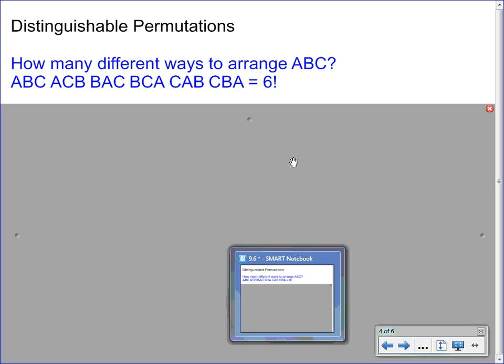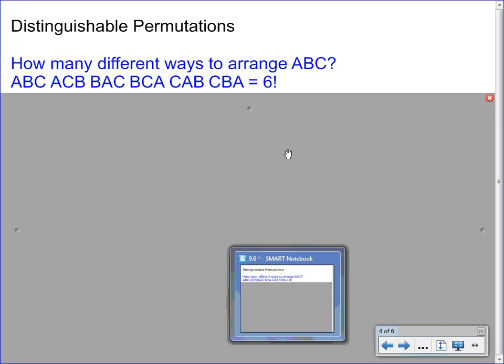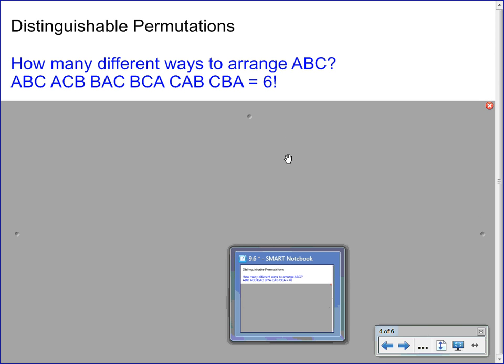If I'm looking at how many different ways to arrange ABC, I could say ABC, ACB, BAC, BCA, CAB, and CBA. Okay? That should be 3 factorial, shouldn't it?